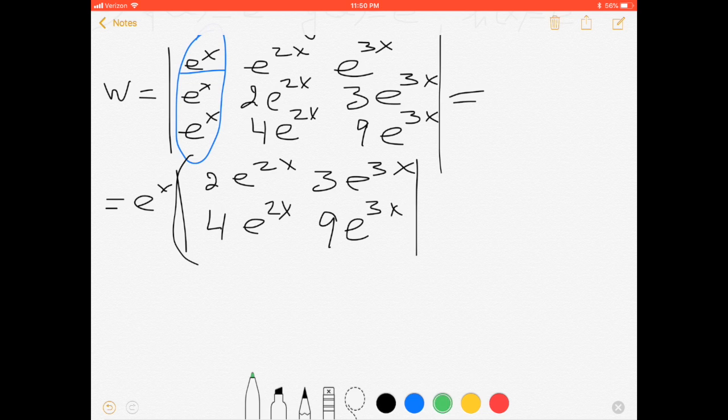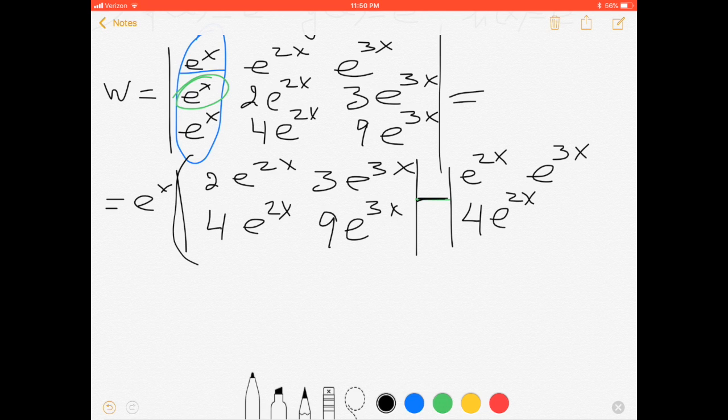Okay, for the second element, because the position is first row, second row and first column, 2 plus 1 will be 3. This means here we have minus. Okay, I write the minus in color. And here we have e to the 2x, e to the 3x, 4e to the 2x.